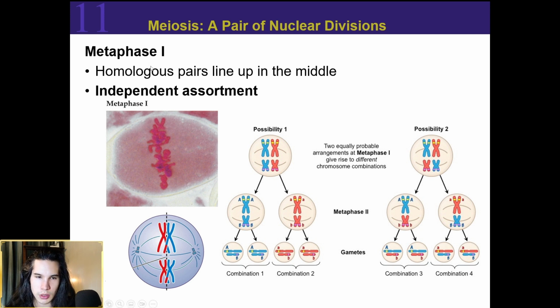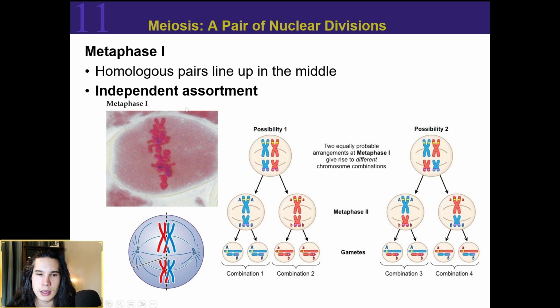However, because we're dealing with meiosis, during metaphase 1 different things line up down the middle. Instead of all of our chromosomes lining up single file, our chromosomes line up as homologous pairs. So our homologous pairs, or those tetrads, will line up down the middle.